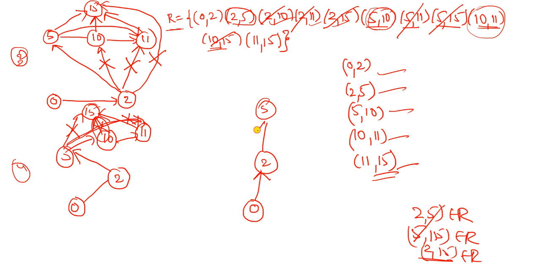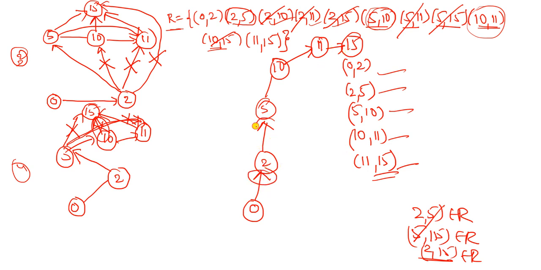Arrow marks should be in the upward direction only. 2 to 5 and 5 to 10, we have a relation, and next 10 to 11 and 11 to 15. So 0 less than 2, 2 less than 5, 5 less than 10, 10 less than 11, 11 less than 15. After that, what is the last step?